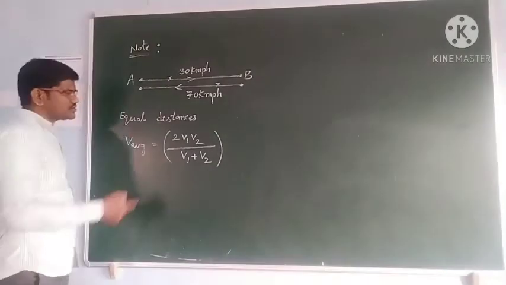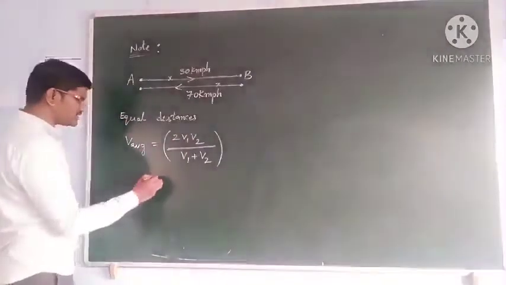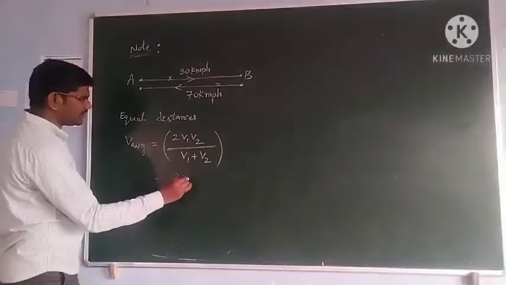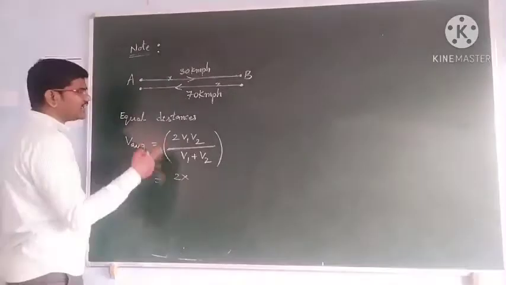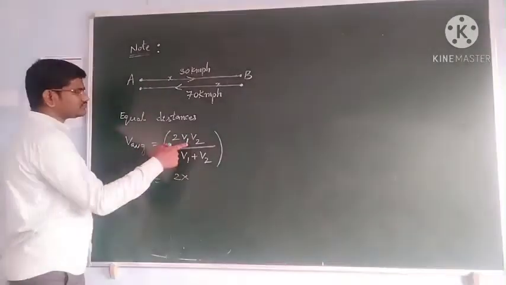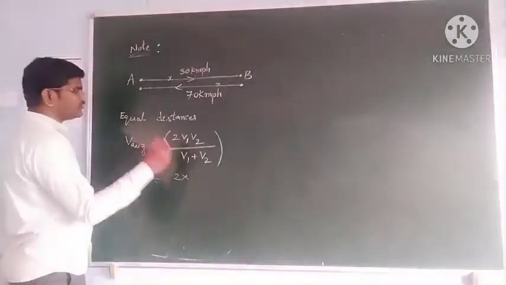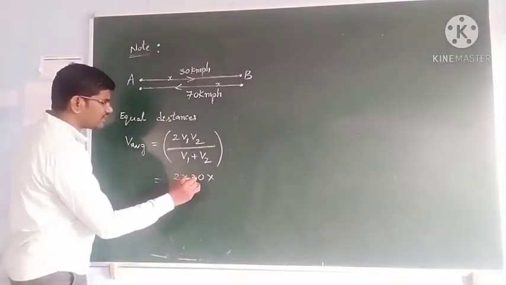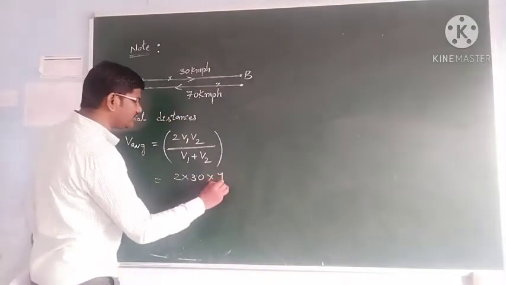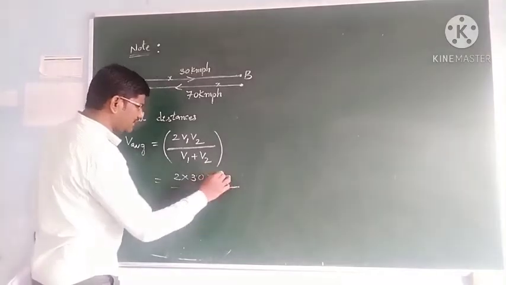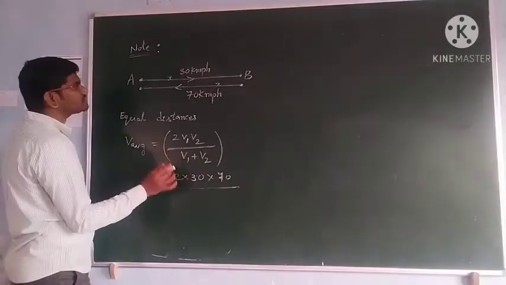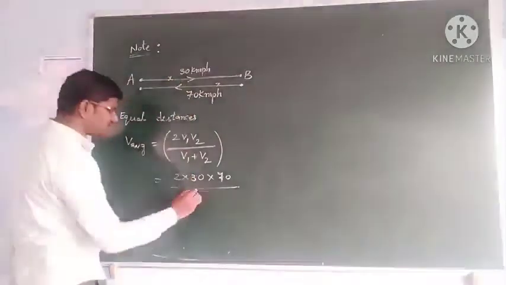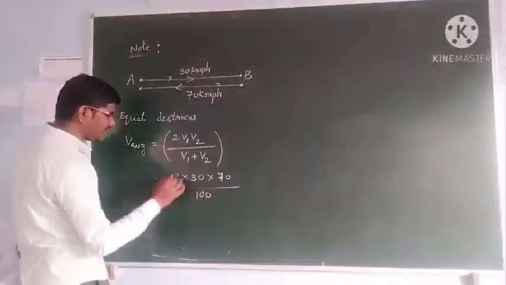So 2 into V1 V2 by V1 plus V2. Then average speed, 2 into V1, what will you get students? V1 value is 30 and V2 value is 70, by V1 plus V2, 30 plus 70, the value is 100.